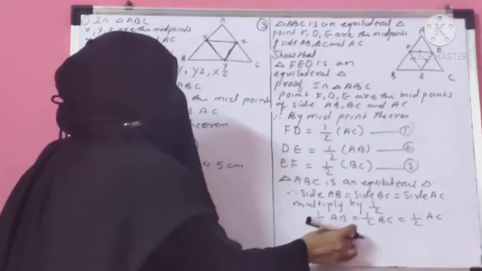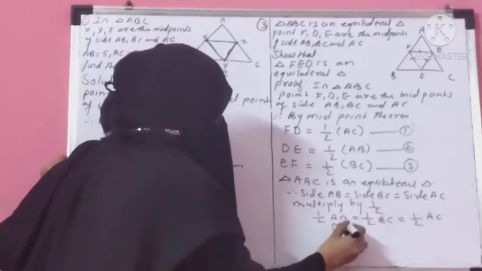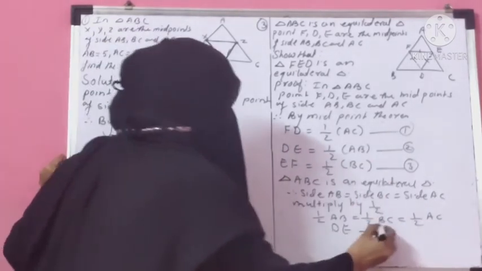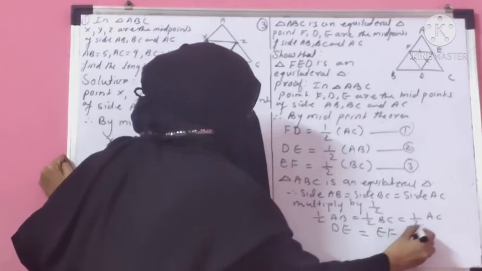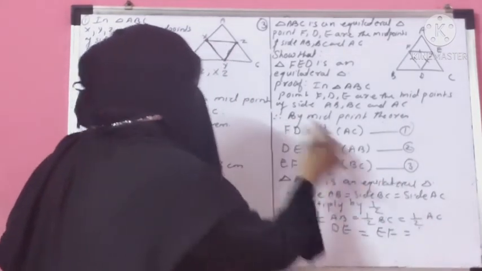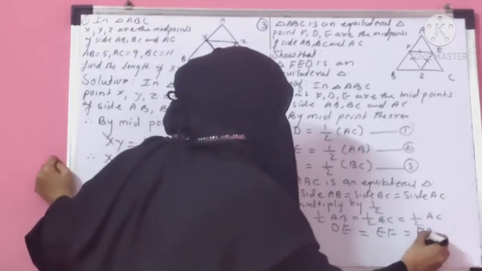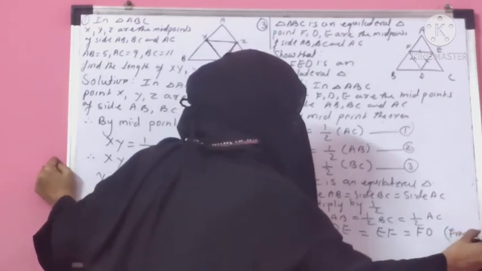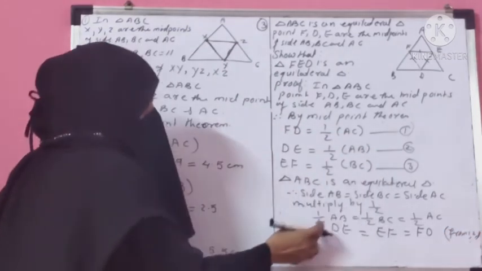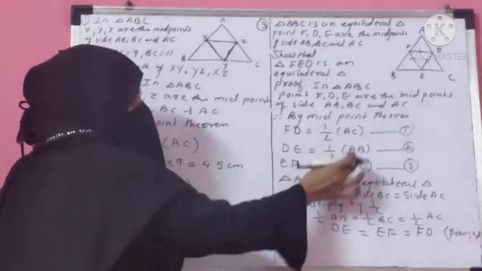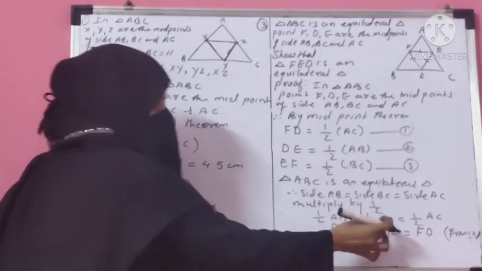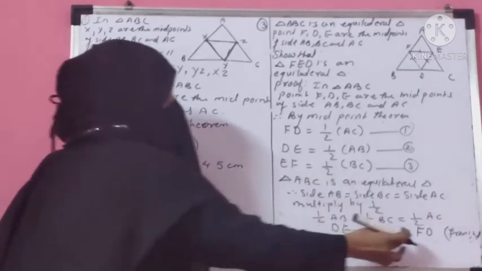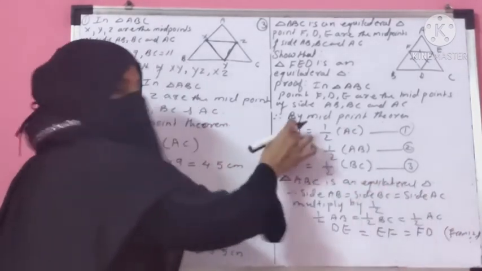Now see here, from 1, 2, 3: half of AB is DE, half of BC is EF and half of AC is FD.